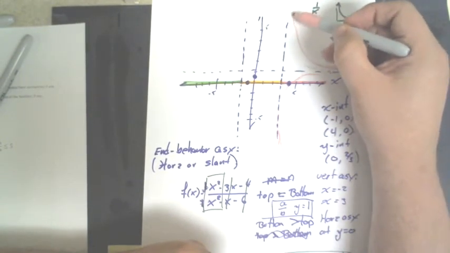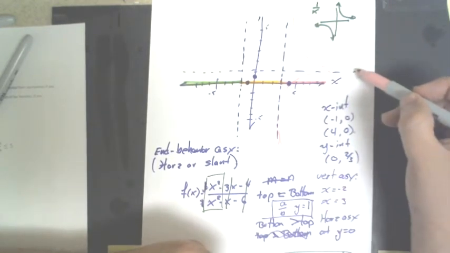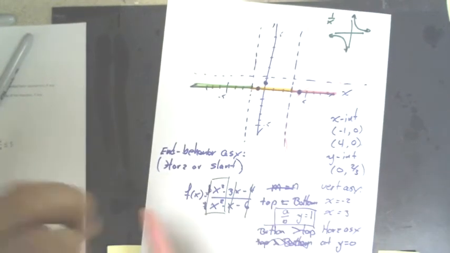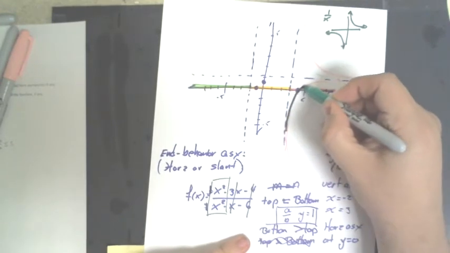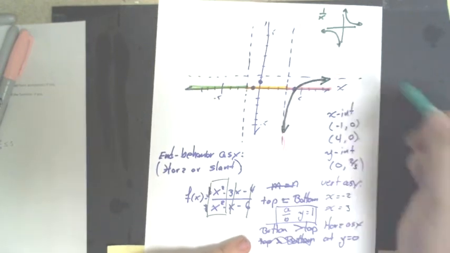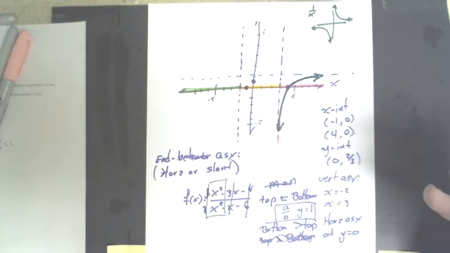If it's up here, it would have to be asymptotic to the 1, and it wouldn't pass through this point. The only way for it to happily pass through that x-intercept is for it to come up from the bottom and then through that asymptote. So we could plot some points to make sure that's true, but it really has to be.